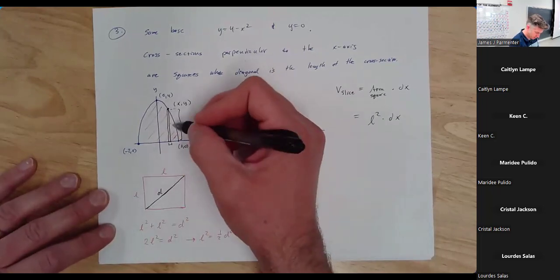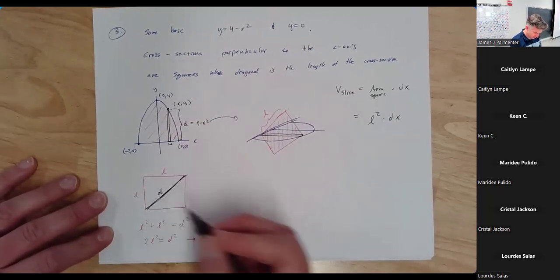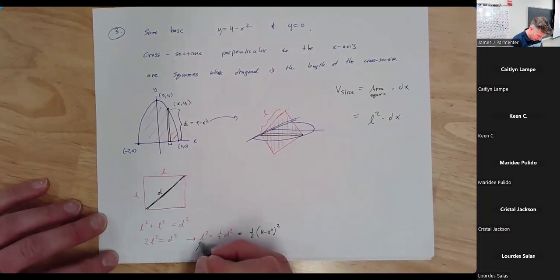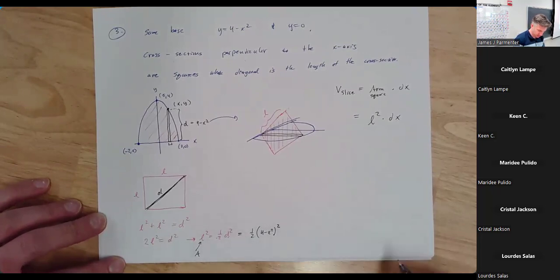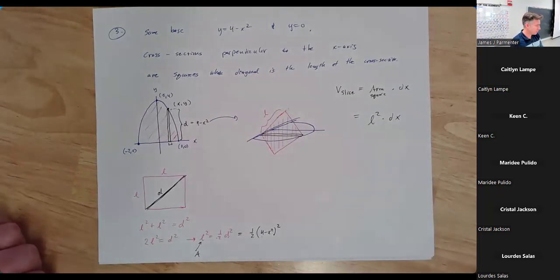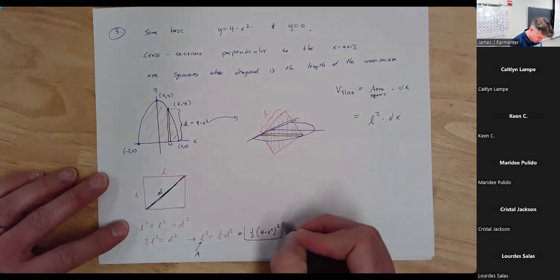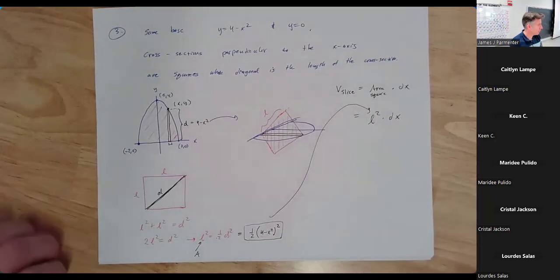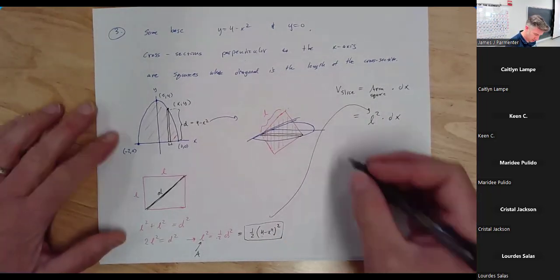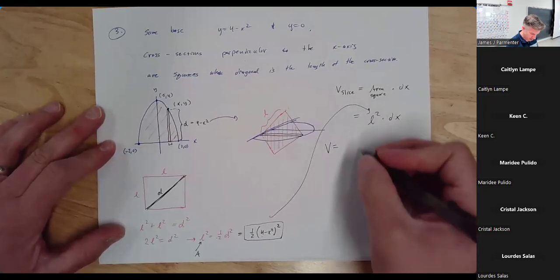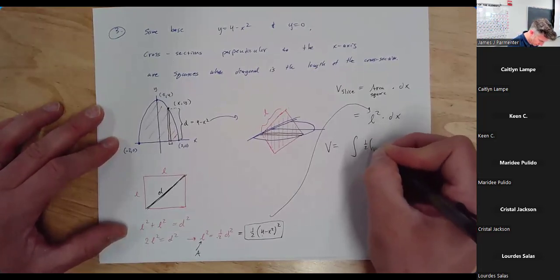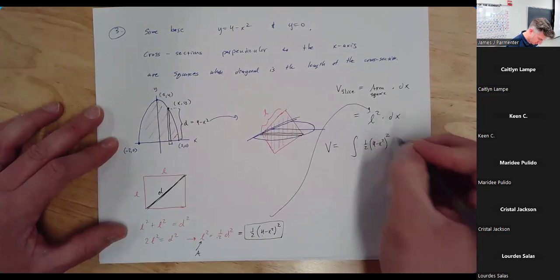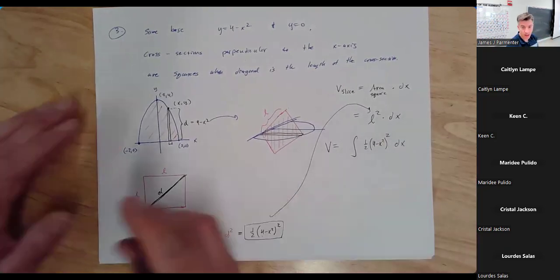The height of this function is that diagonal, and we just figured out that the area of the square, which is the length squared, is equal to 1/2 the diagonal squared, which is 1/2 the 4 minus x squared squared. And that's what's going to get plugged in there. So then the total volume we're looking for is going to be the integral of my length squared. So 1/2 times 4 minus x squared, squared, times dx.